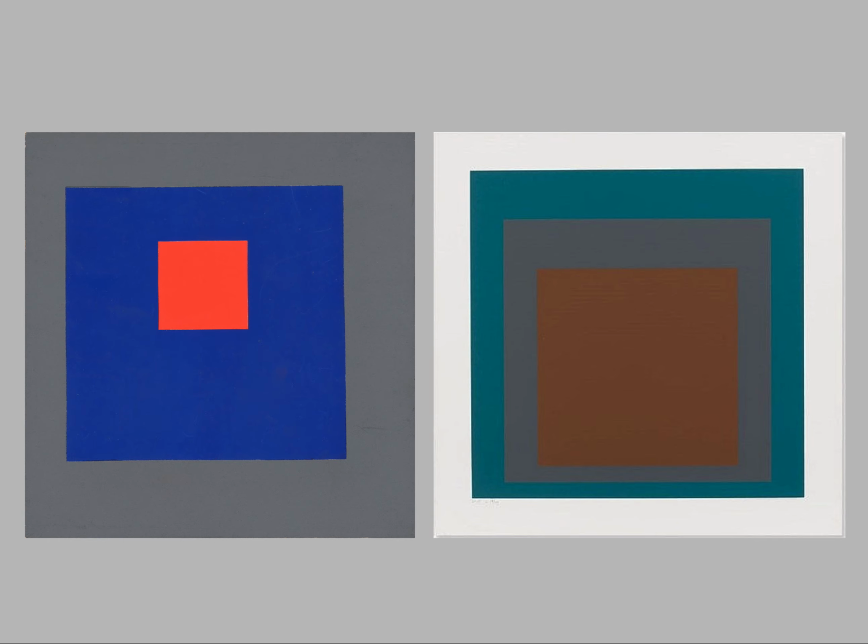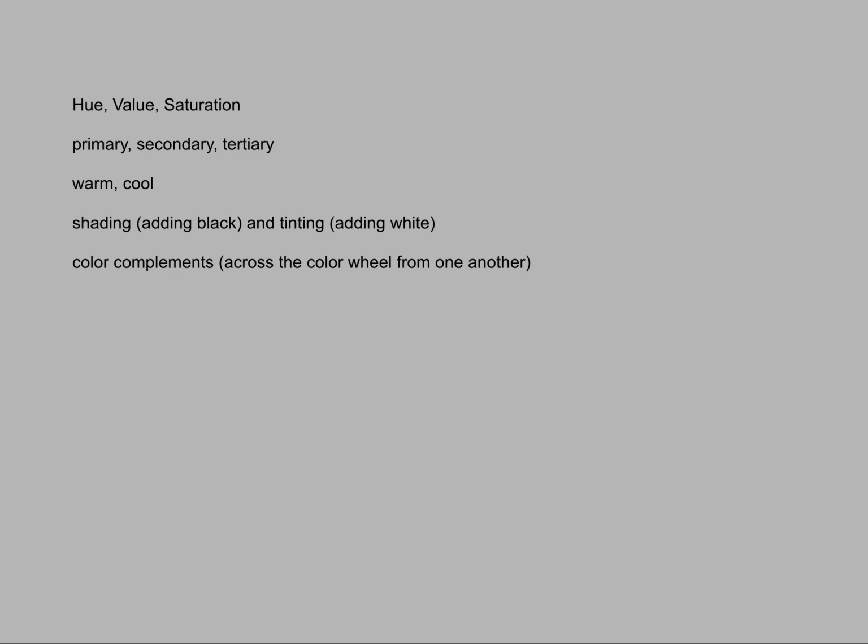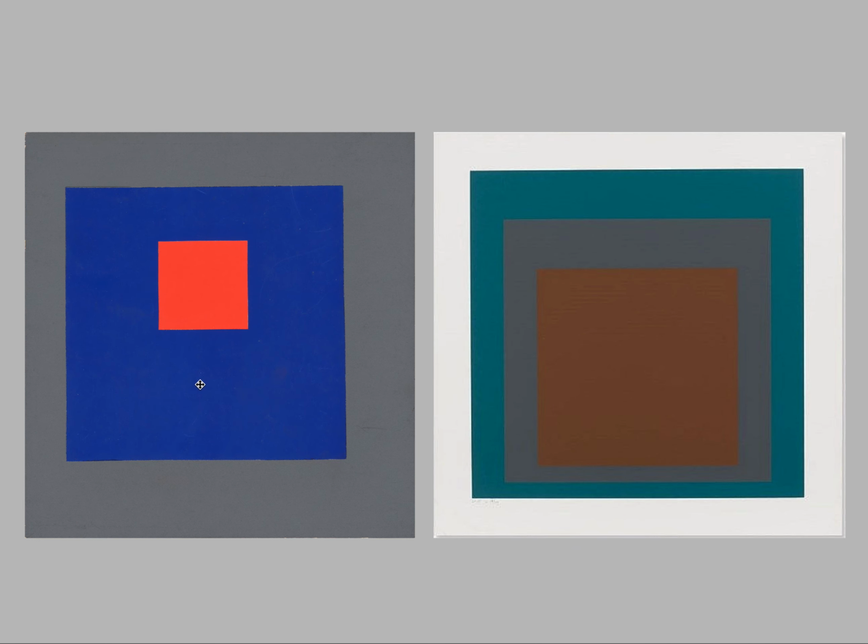Lastly, I just want to show you more about saturation. So on the left here, we have these two interior colors are really saturated. They're really bold. They're really close to pure primary colors. So this blue is a pure primary blue.